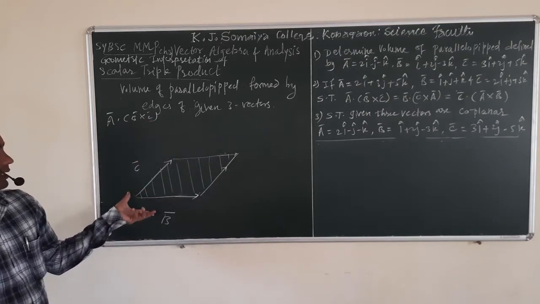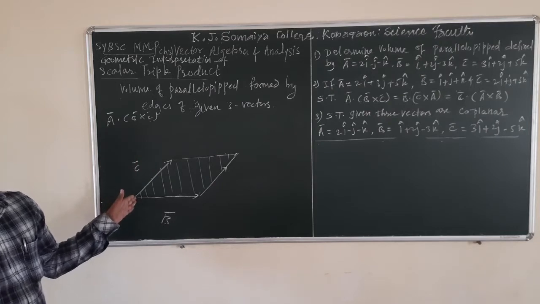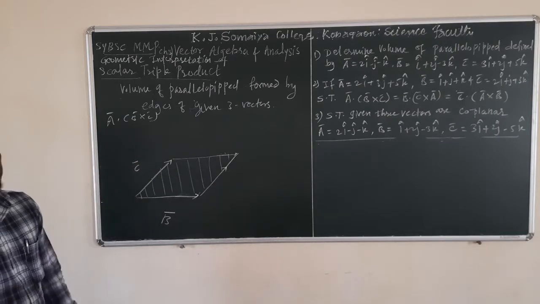B cross C represents the area of the parallelogram that I have shown over here.